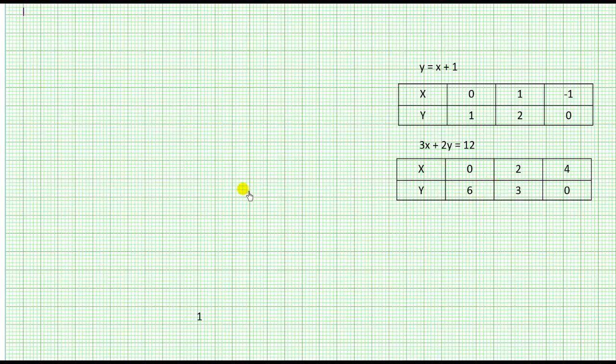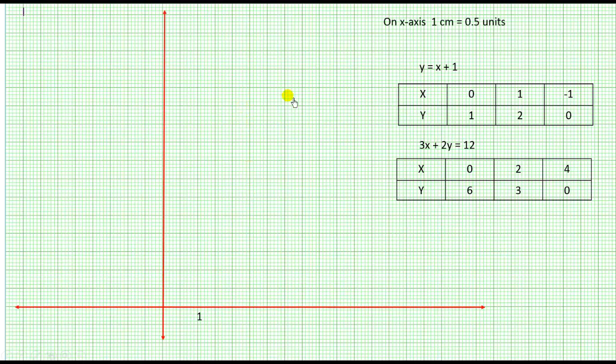So first we draw the x-axis and y-axis. On the x-axis we take 1 centimeter is equal to 0.5 units, and on the y-axis also 1 centimeter is equal to 0.5 units, and we take the numbers on x and y as shown.